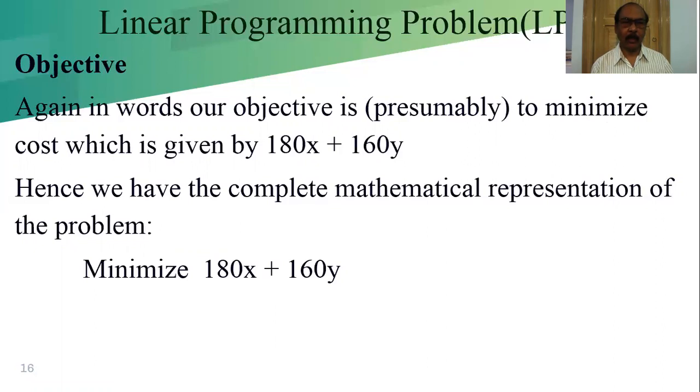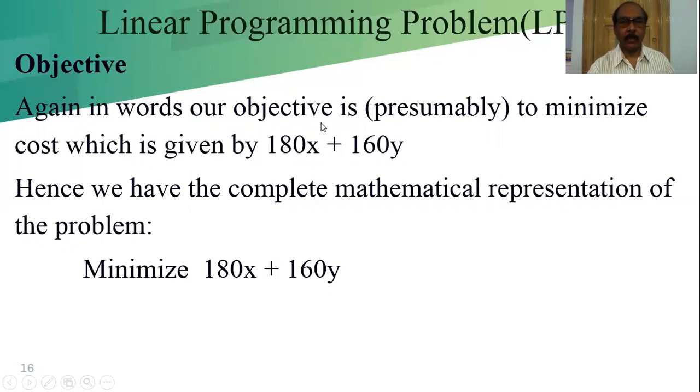The cost involved in the production is 180x plus 160y, because 180k is the production cost per day for the X mine and 160k is the cost per day for the Y mine, and x and y are the working day variables for the mines X and Y.